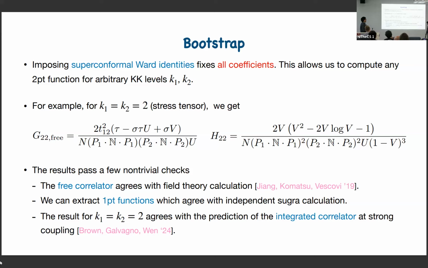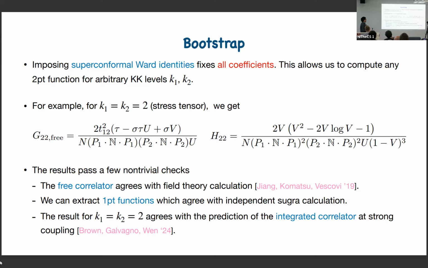So, for example, even though we are computing things in the supergravity limit, this partial non-renormalization theorem allows us to get the free part as well. And this free part has also been computed in field theory. Basically, you just do some fancier version of Wick contractions, and you find the free correlators agree perfectly.